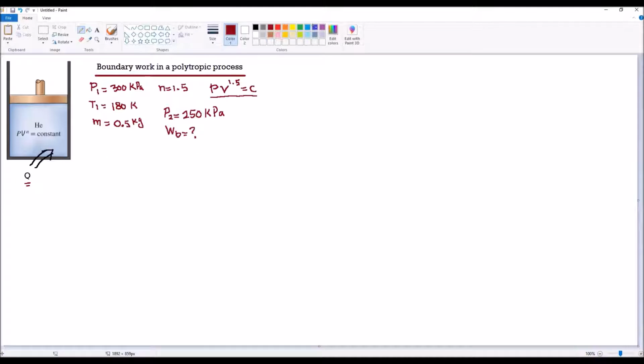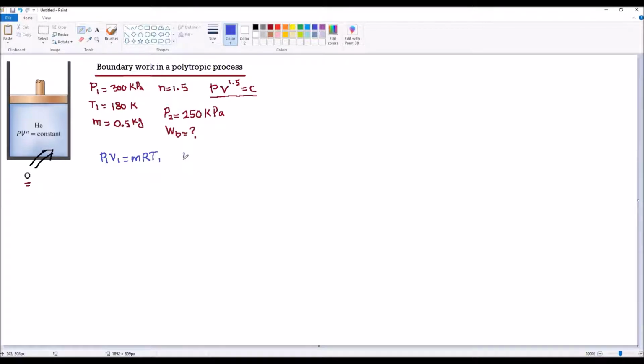So we can start by determining the initial volume of the gas in the cylinder. This is an ideal gas process, so P1 V1 is equal to m R T1. This is the ideal gas equation of state. You can write it for ideal gas at any state.